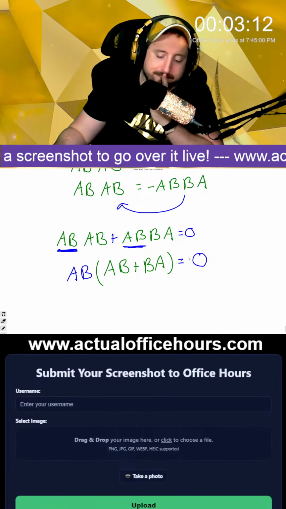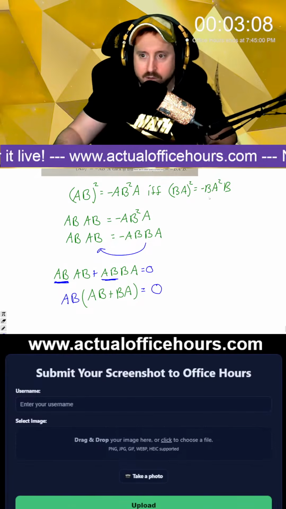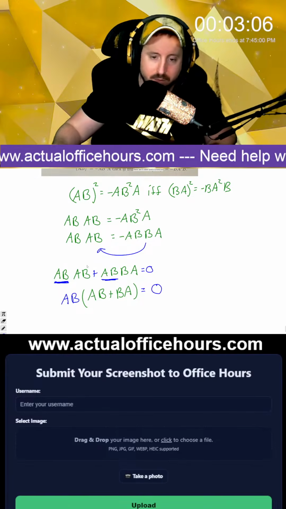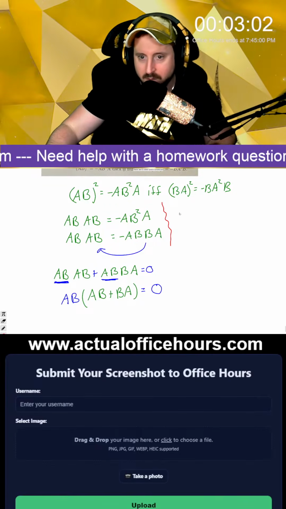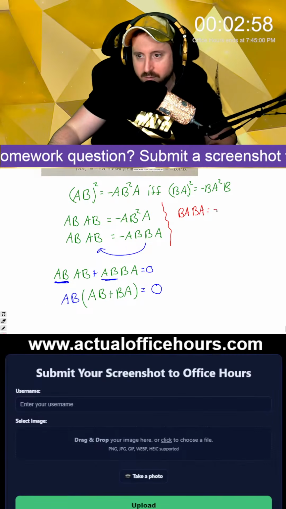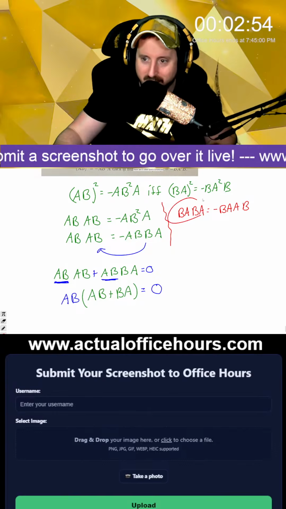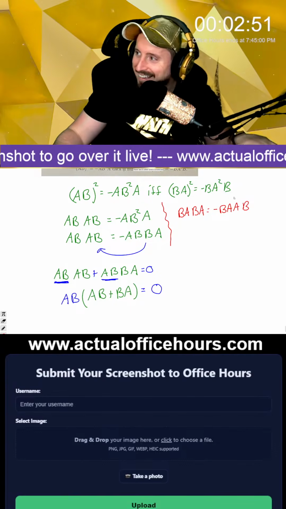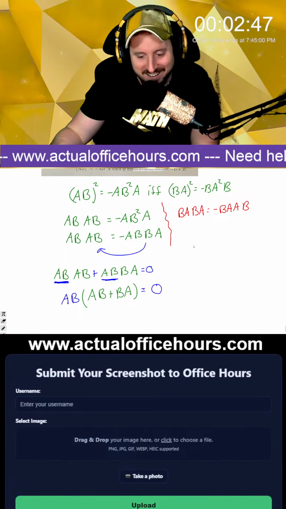Fascinating. And then let's see. Let me expand this out maybe, and maybe it'll illuminate something for me. BA is equal to negative BAAB. Baba equals Bob. I love this stuff. Okay.